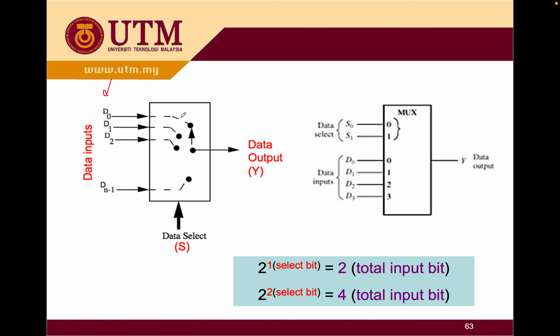So you have several data inside and you're going to pick one of them to be out. So you have here 2 to the power of the select bits equals the total inputs. So you're going to look at the input side and what the output is.